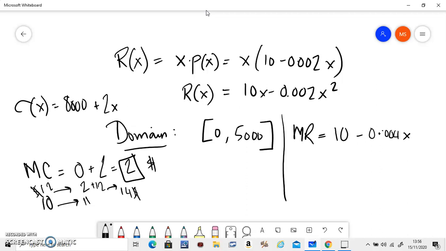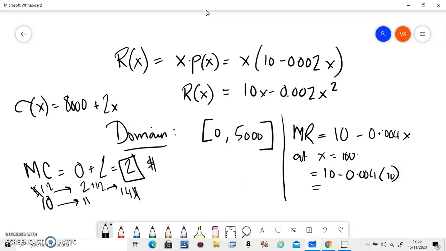Okay, now if the question is find the marginal revenue at, say, x equals 10 units, just like we did here, right? This was a constant, so it's constantly increasing by 2. But this is a function of x, so what you'll have to do is, in place of x, you'll have to plug in 10. So it'll be 10 minus 0.004 times 10. 10 is a small number.